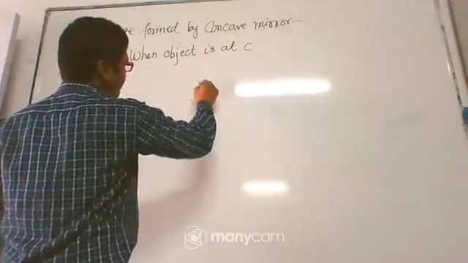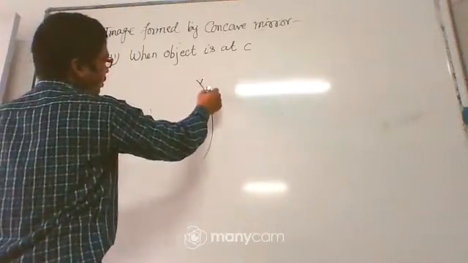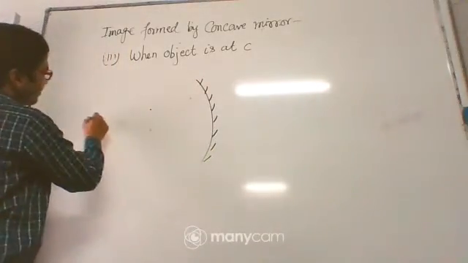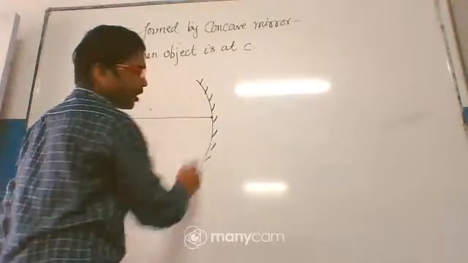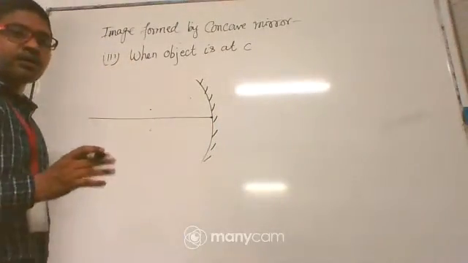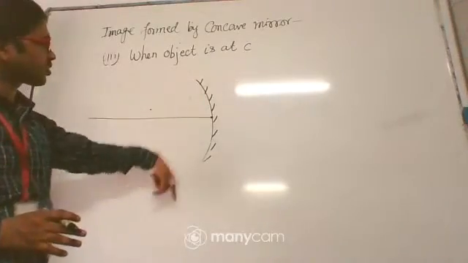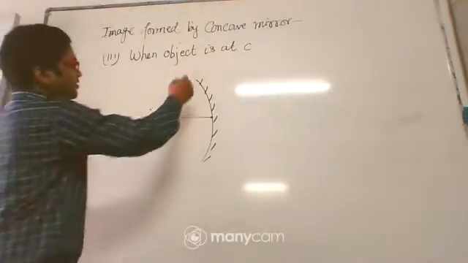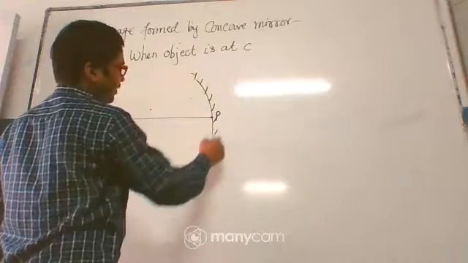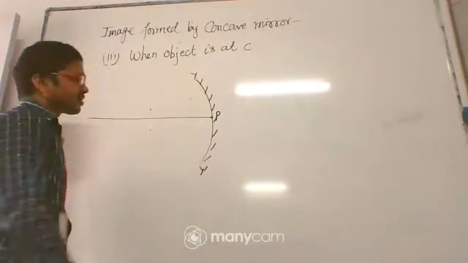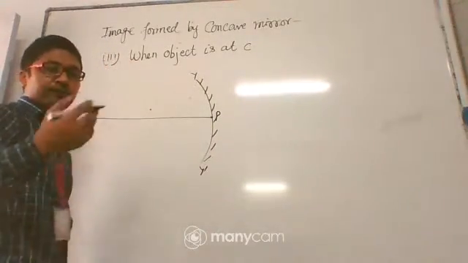So you can see this one is the reflecting surface. We are continuously taking concave shape because today our topic is image formed by concave mirror. So that we are continuously taking this concave surface. You can see here, this is the concave reflecting surface. You can say this is concave mirror.